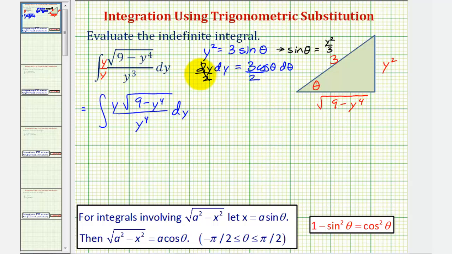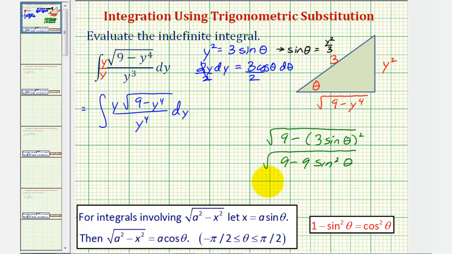We know from our notes that by performing this substitution for y squared, the square root should simplify to 3 cosine theta, but let's go ahead and show that. So if we look at just the square root, we'd have the square root of 9 minus y to the fourth, since we have y squared equals 3 sine theta, would be 3 sine theta squared, which gives us 9 minus 9 sine squared theta.